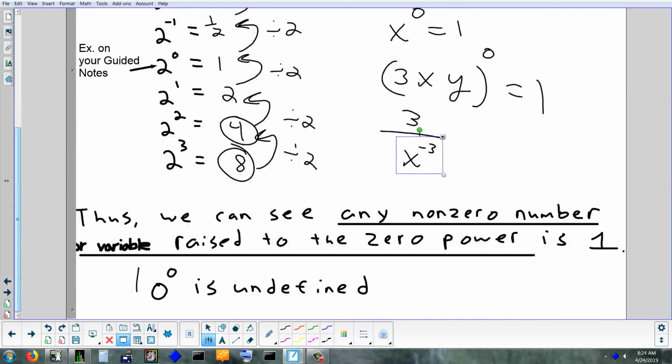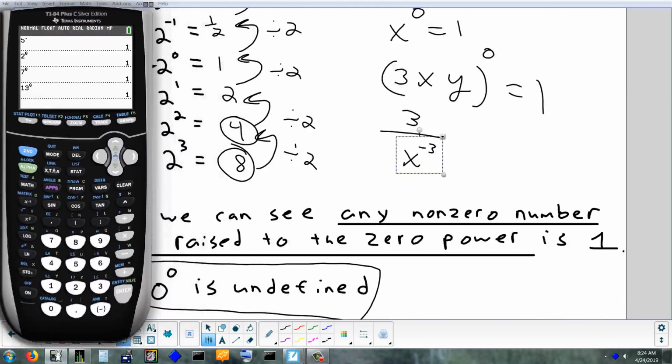The only special case that's kind of weird is this one, because technically, if you look at the pattern, we've seen so far that anything to the 0 power is 1, right? Well, if we take 0 to the 8th power, 0. 0 to the 78th power, 0. 0 to the 5th power, 0.